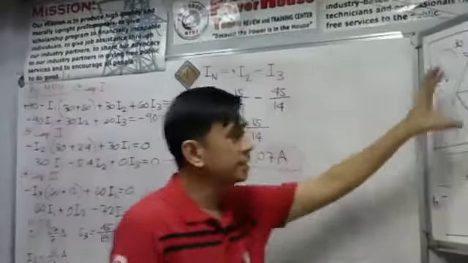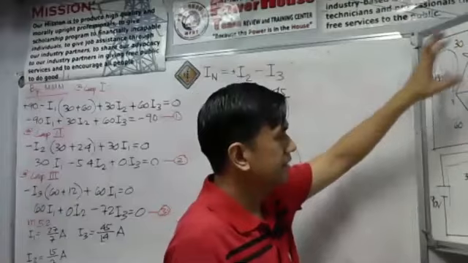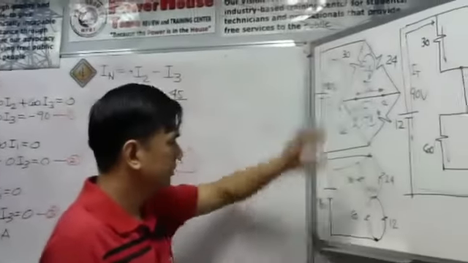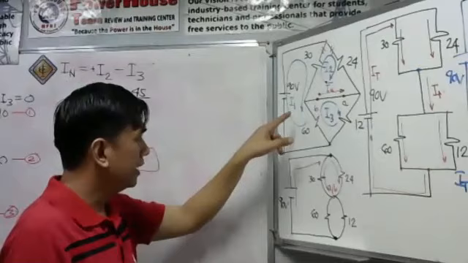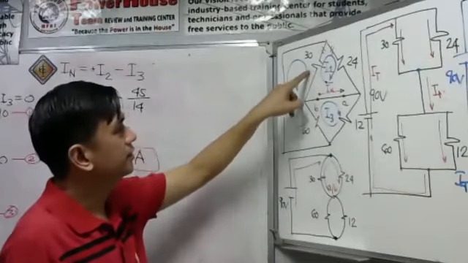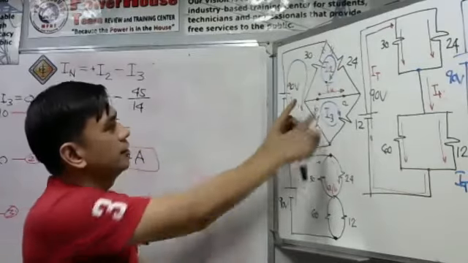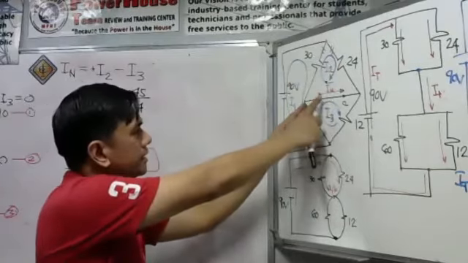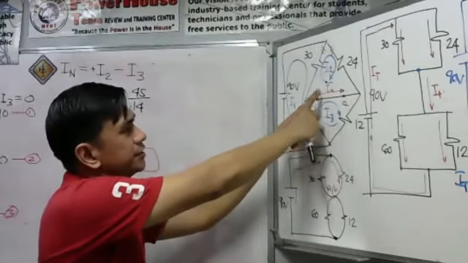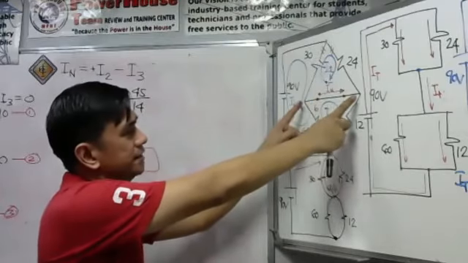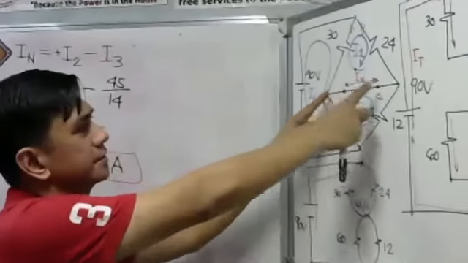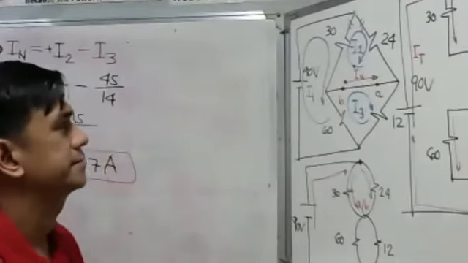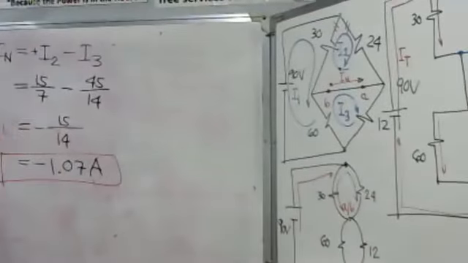But looking here in our circuit, we have here a 90, the 30 and 24. We are getting this short-circuit current here. What current will flow here?